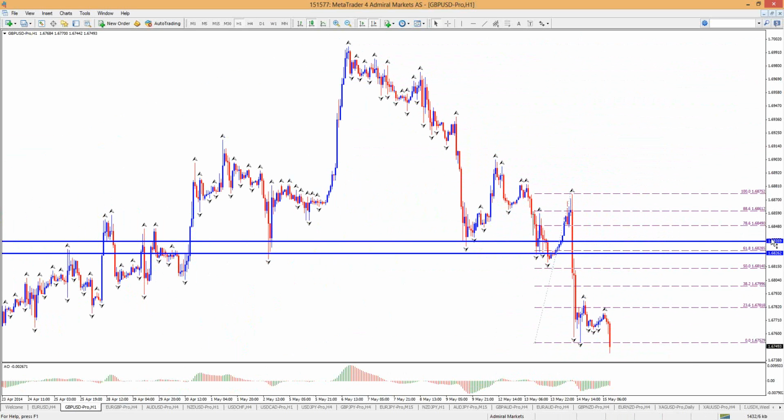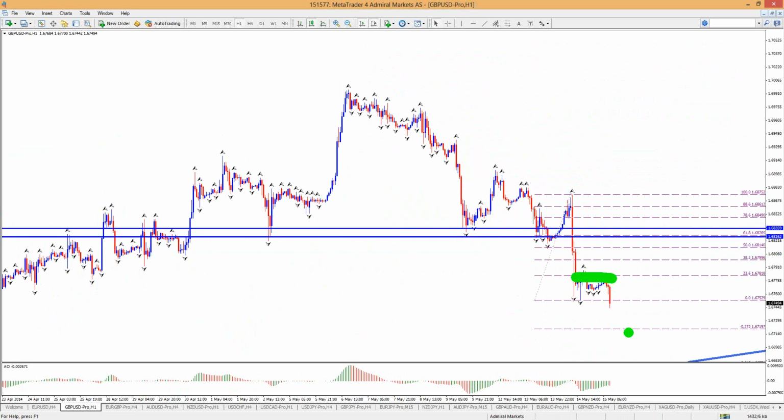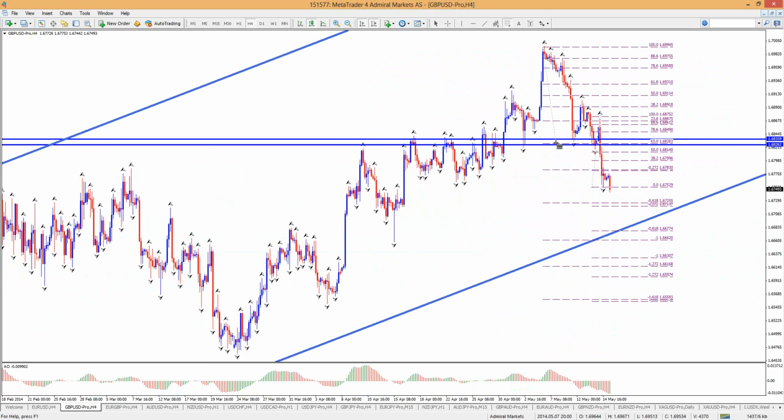With a shallow fib like the 23.6, there's a minus 272 at 167.20 and a minus 618 at 167.28.